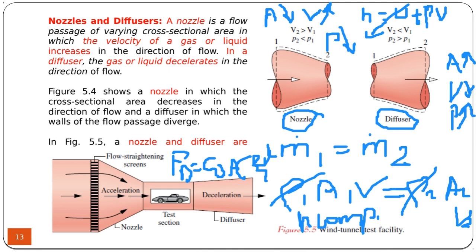You can see the example of a cycle, this bicycle. So if in this wind tunnel you know the velocity of the flow, you can measure the drag force on this car. So from the drag force and the velocity, you can calculate the drag coefficient of the car.